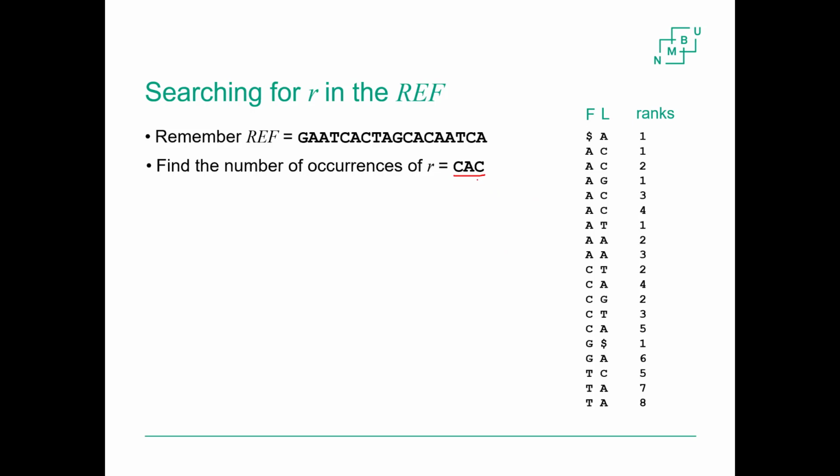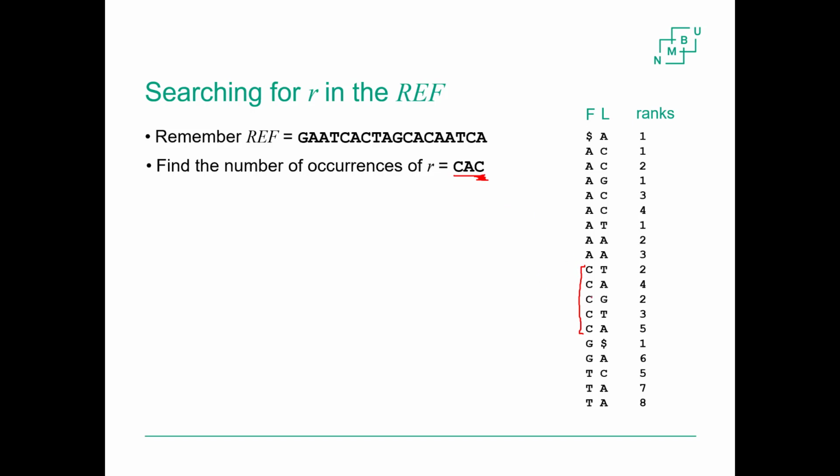Well, we start by the last symbol, the suffix of length 1. And then we go into the F column here and see where we have the C's. And they are found here. There are some C's in this reference sequence, 5 of them actually.